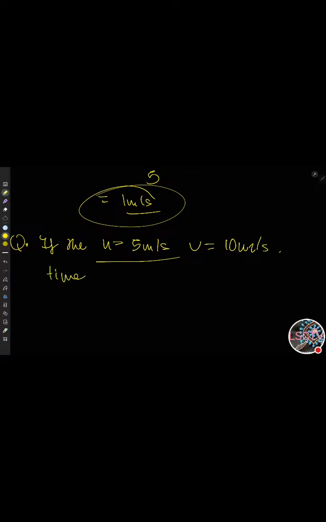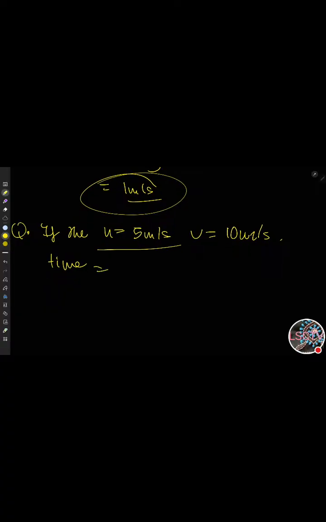The time taken for it to increase the velocity from 5 meters per second to 10 meters per second, the time is equals to 2 seconds. Find the acceleration.